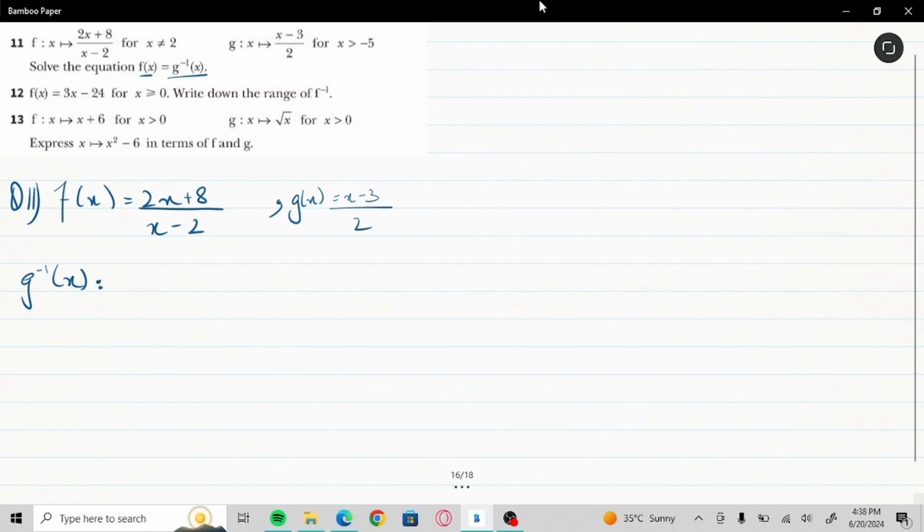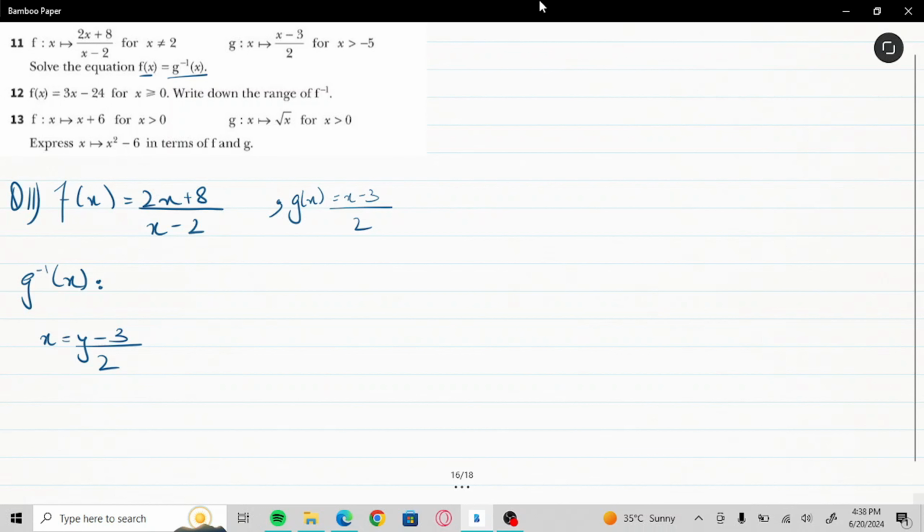I'm just going to make it direct. I think I've explained it enough that you may understand it now. What I'm doing is directly jumping on to the second step. I'm not using the first step right now. So I'm directly interchanging the x and y values. So x equals (y minus 3) upon 2. I hope you understand this.